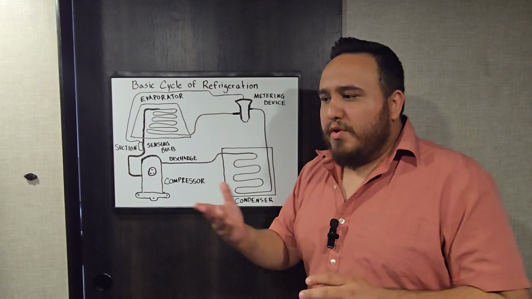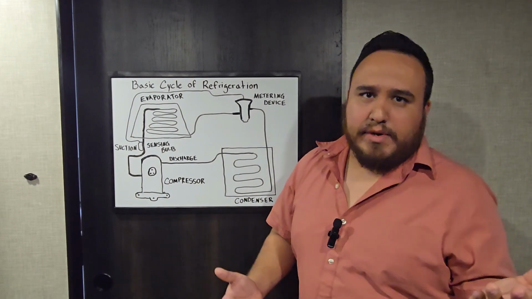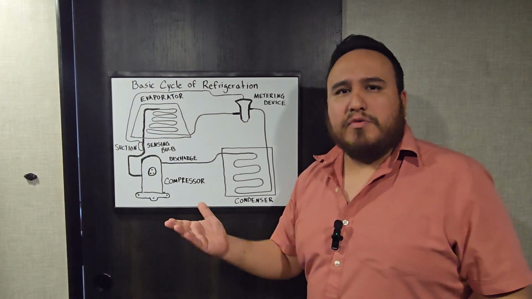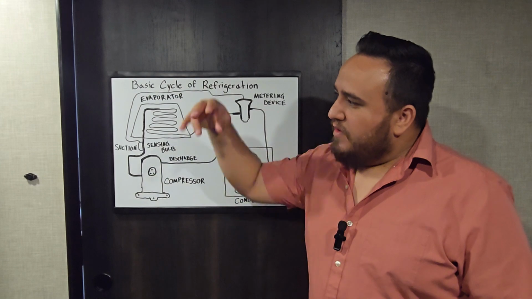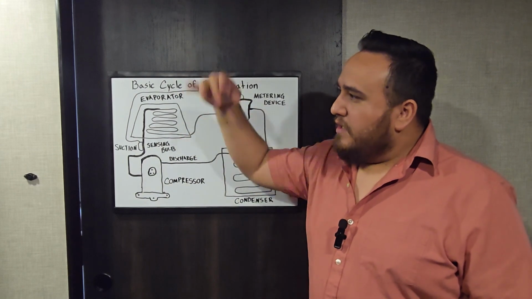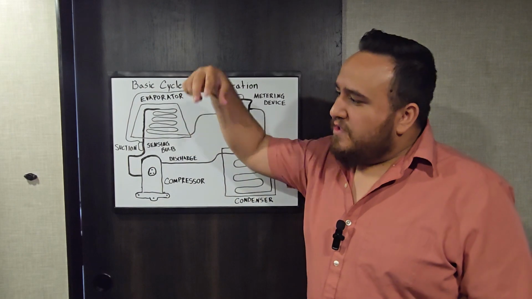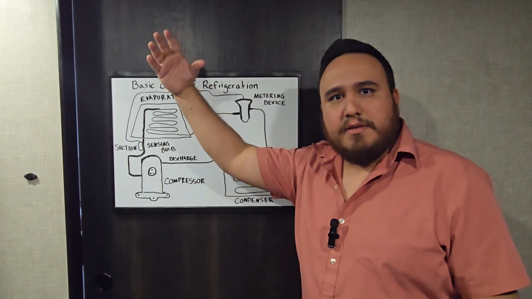Well, you either have what's called a gas or a liquid. Think of it as water. When water boils, what does your water tend to do? You start seeing all this steam, all this gas. That's your water evaporating and turning from a liquid to a gas.